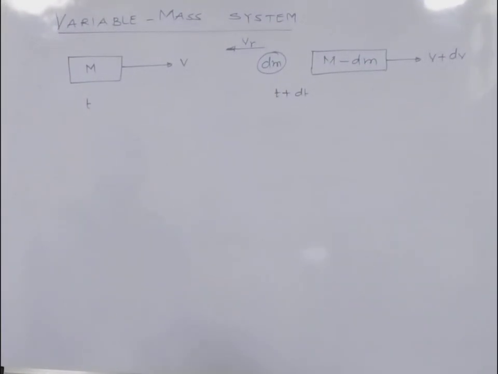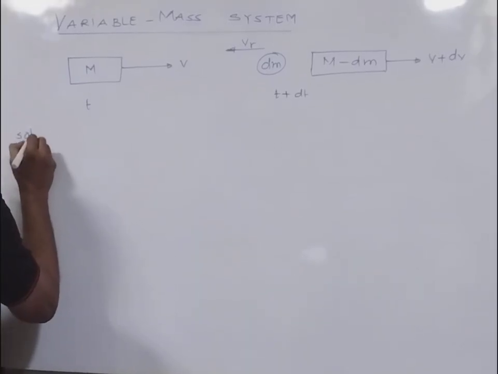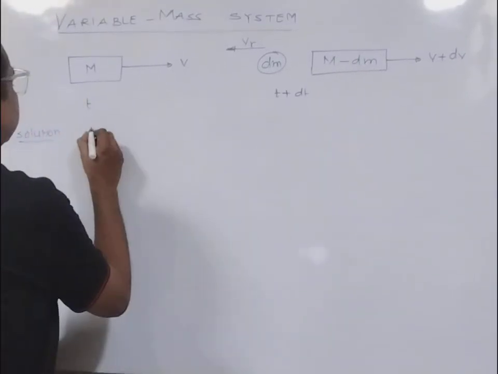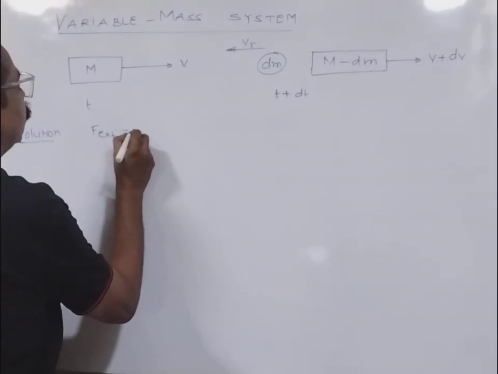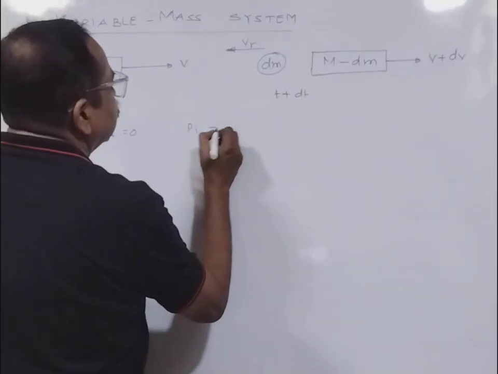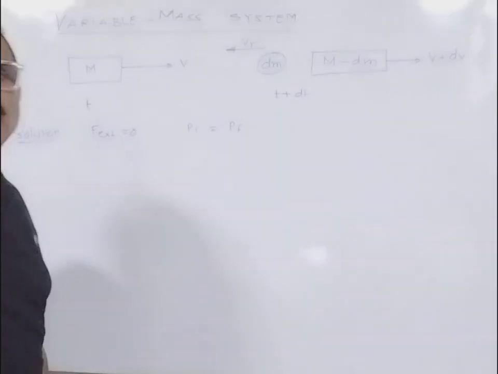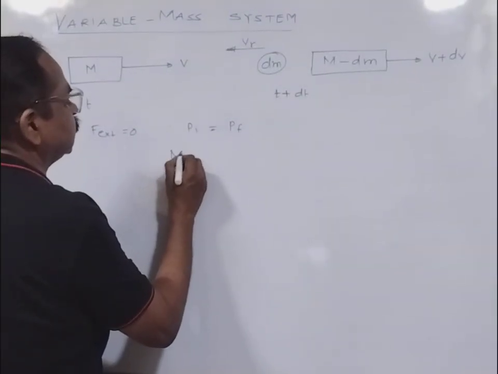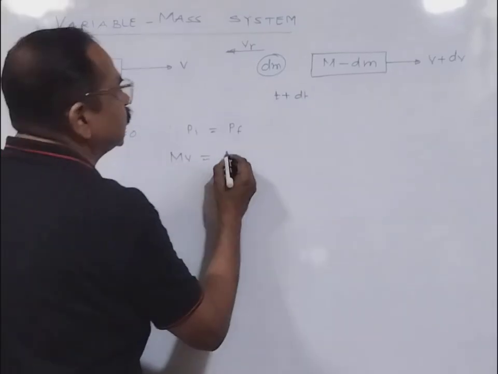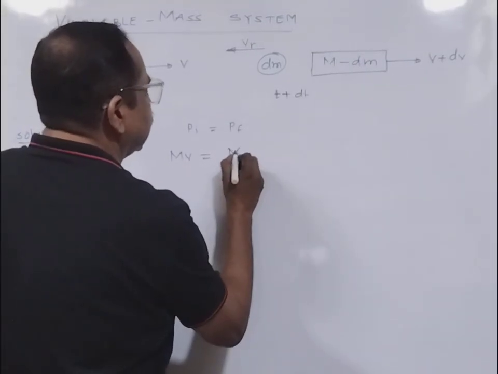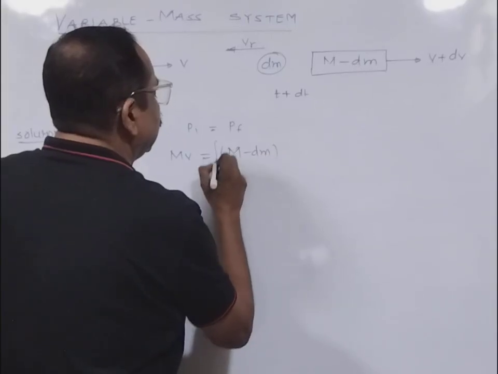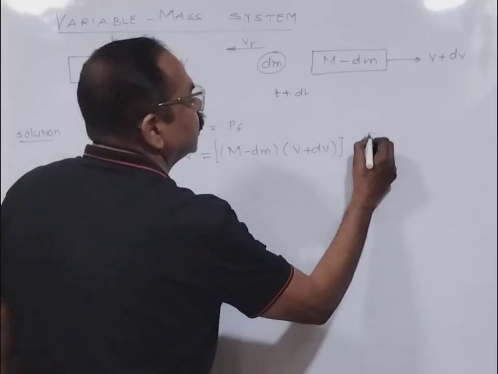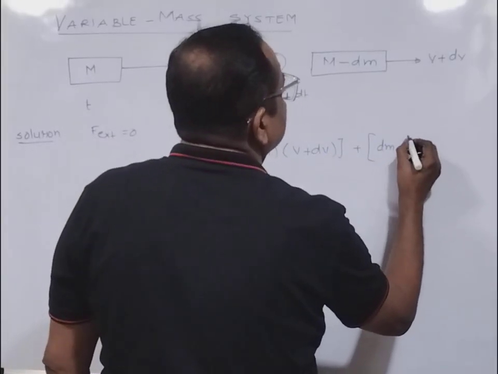So how to find out the thrust here? To solve for thrust, since we consider that there is no external force acting, the external force is zero. Therefore, by the law of conservation of linear momentum, initial momentum is equal to final momentum. Initial momentum is mv, final momentum is (m minus dm) into (v plus dv), plus the second term, dm into (minus Vr plus v plus dv).